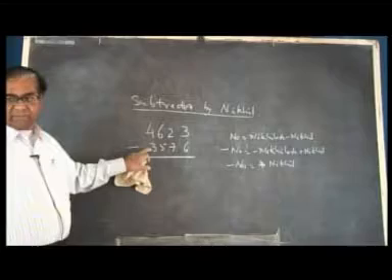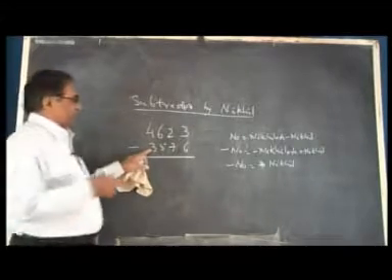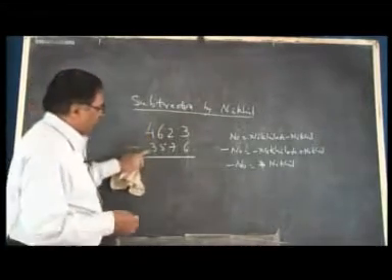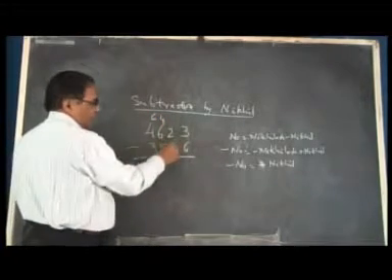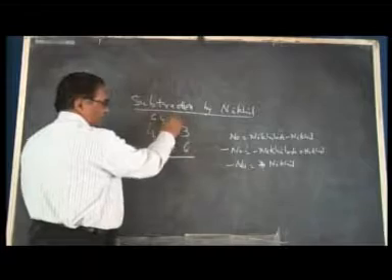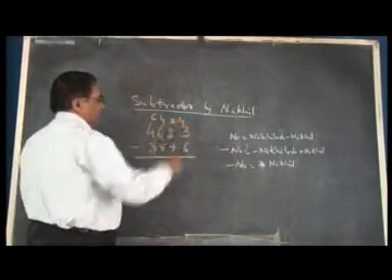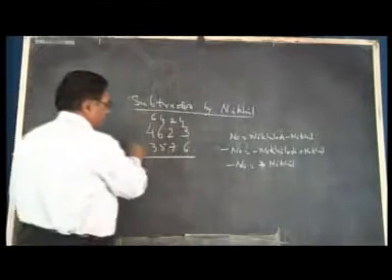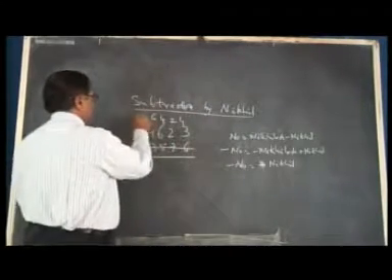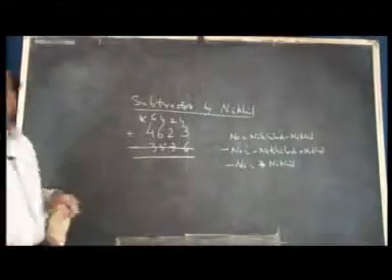We can take the Nikhil of this number, so we can put it here. So 3, 6, 5, 4, 7, 2 and 6, 4. And we cancel this, we put this one and we add both.